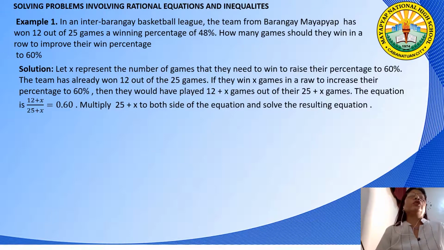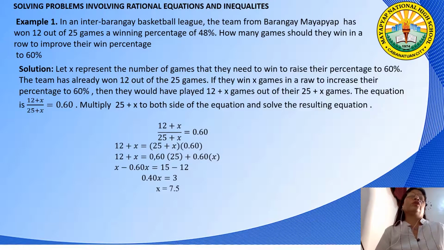The equation is 12 plus x over 25 plus x equals 0.60.